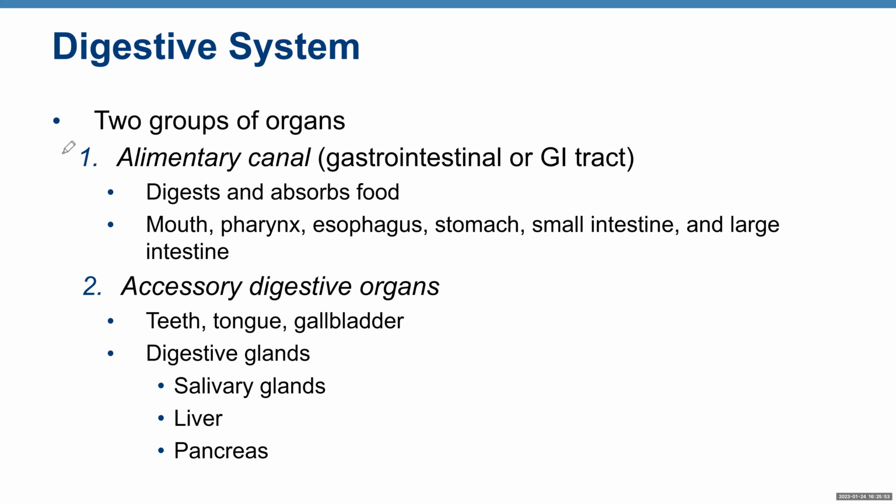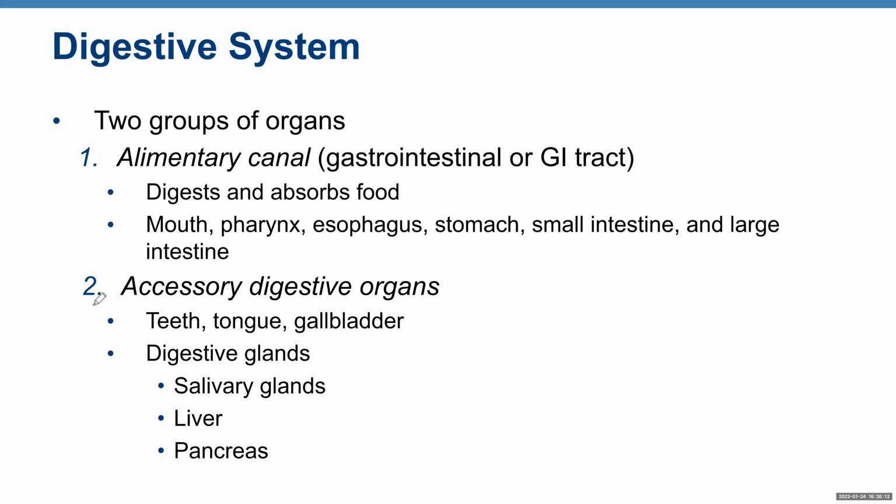The alimentary canal digests and absorbs food, and it includes the mouth, pharynx, that's what you call a throat in everyday English, esophagus, stomach, small intestine, and large intestine.